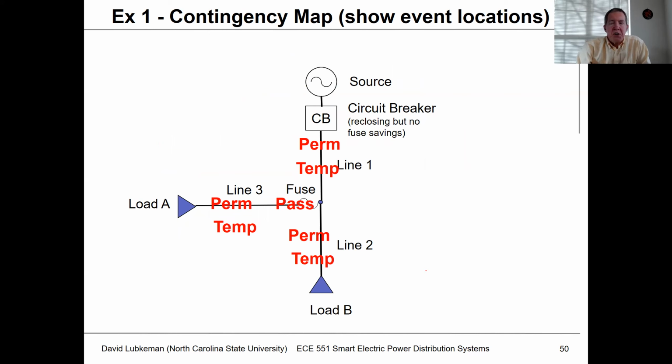That's shown in this particular diagram. Line section 1, I've got a permanent and temporary fault to consider. Line section 2, I've got a permanent and temporary fault case to consider. Line 3, a permanent and temporary fault. And then for line section 3, I've got a passive event. So that gives me the net 7, right?